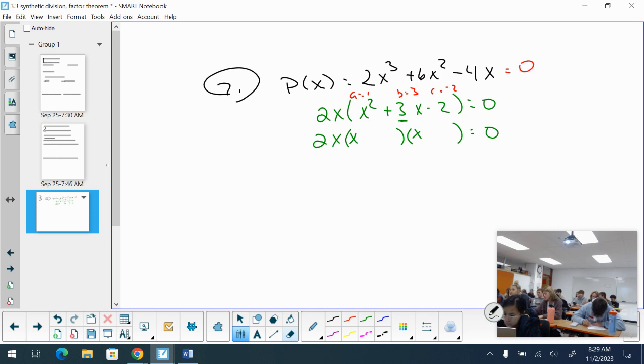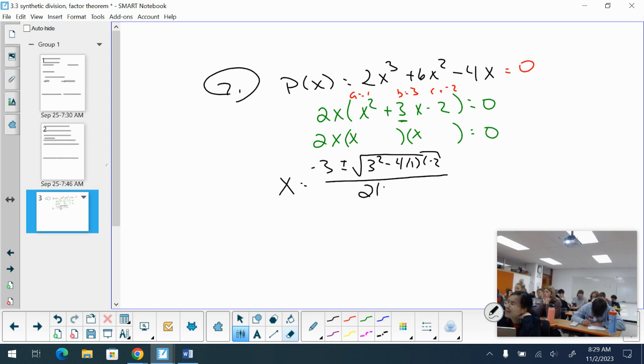So quadratic formula, x is equal to negative b plus or minus the square root of b squared minus 4 times a times c, over 2a.